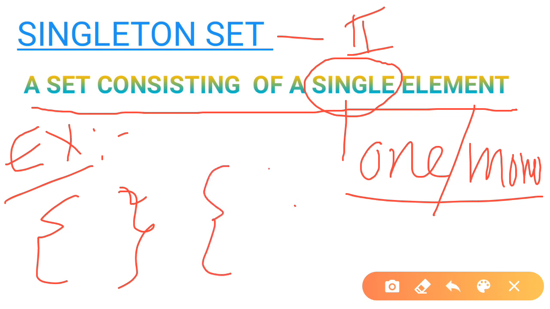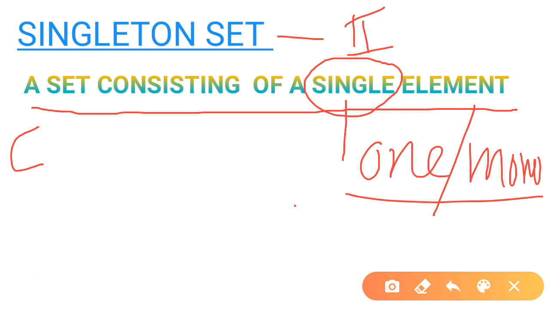If I take x, that is also a singleton set. If I take another example, the set of y, that is also a singleton set. So singleton means a set which has only one element, a set consisting of a single element. Single means one or mono element. Right, clear? So this is the singleton set.